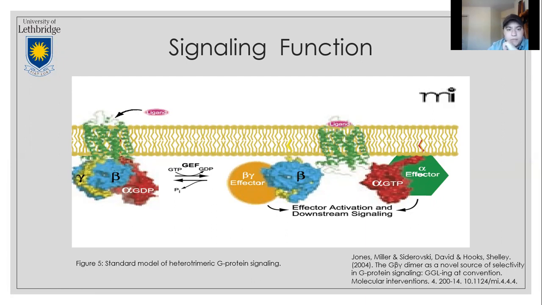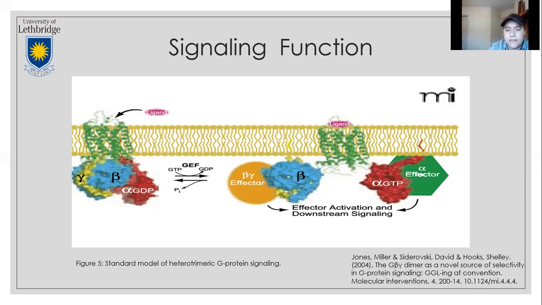Now, once that happens, we have GTP, which is abundant in the cytosol, and that is going to replace the GDP and cause a further conformational change in the G protein, activating both the alpha subunit as well as the beta gamma complex.